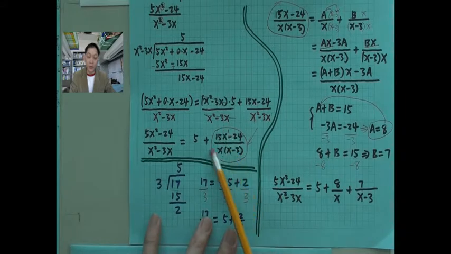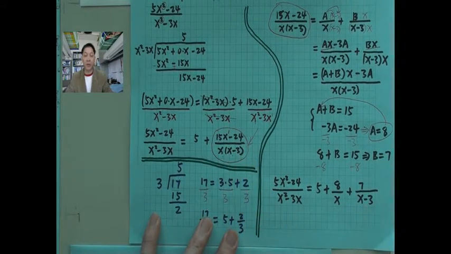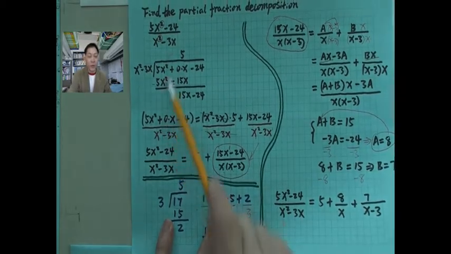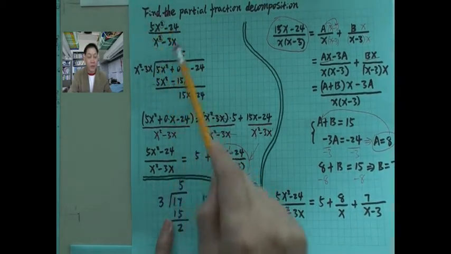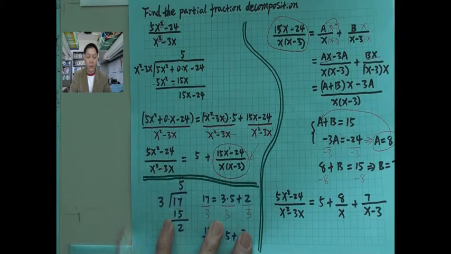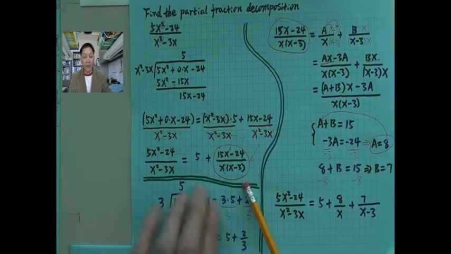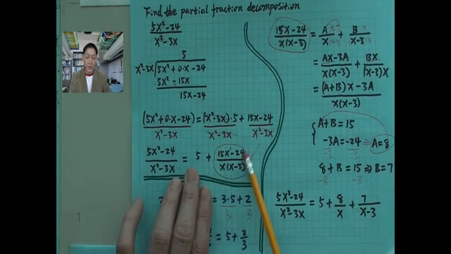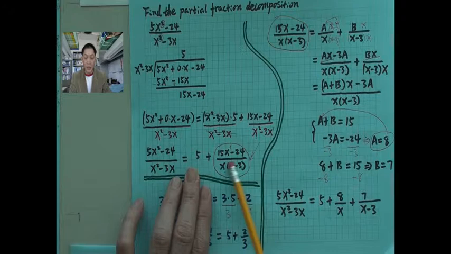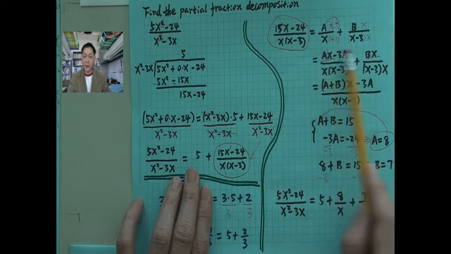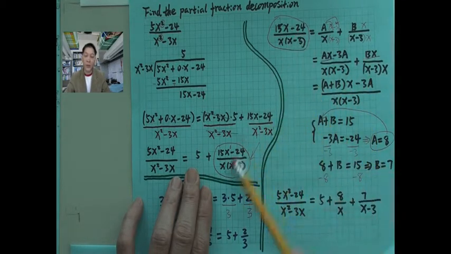Then we can work on this one for the partial fraction decomposition. So if you want to get the partial fraction of this one, you need to do the division because the degree is the same. And after division, the degree of the numerator is 1 less than the degree of the denominator. So you can then use the regular method. Those two are the same.